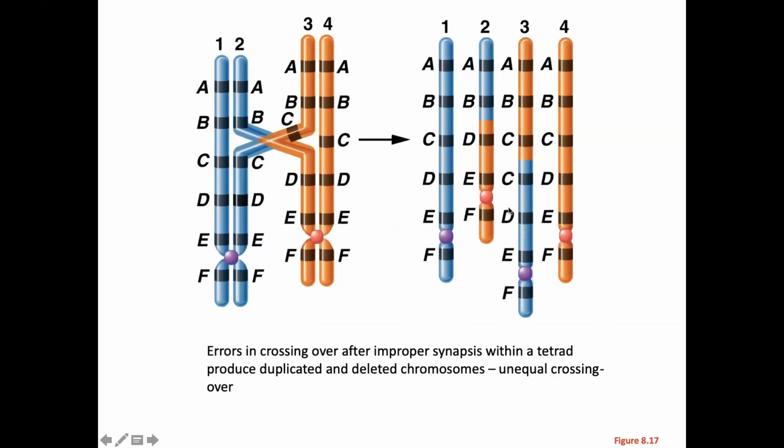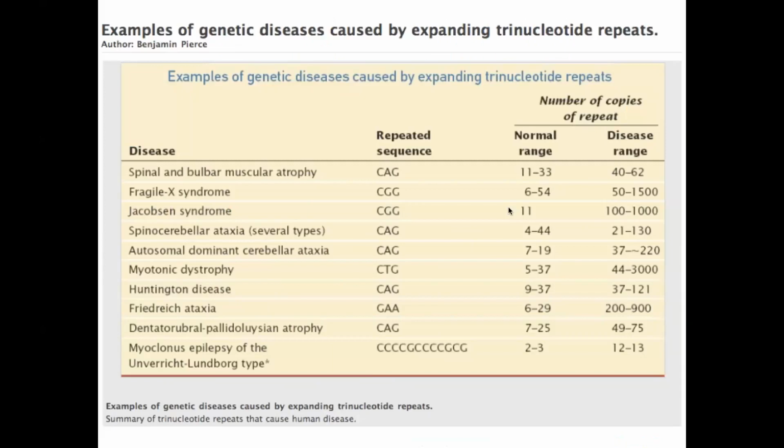Then that's going to be transmitted to an offspring, and all of the cells that comprise the body of that offspring are going to be carrying the duplicated version of the original chromosome. So this unequal crossing over is really the main mechanism to create duplicated versions of chromosomes.